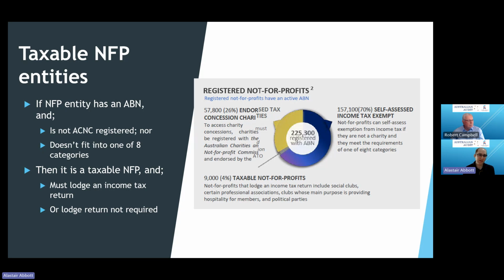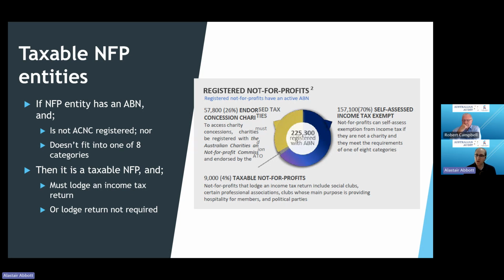We've had the self-assessed income tax exempt, which is that population of about 160,000 entities that have to fit into one of those 8 categories that Bob has just gone through. And so if you do fit fully into one of those 8 categories, you sit in that self-assessed income tax exempt group.